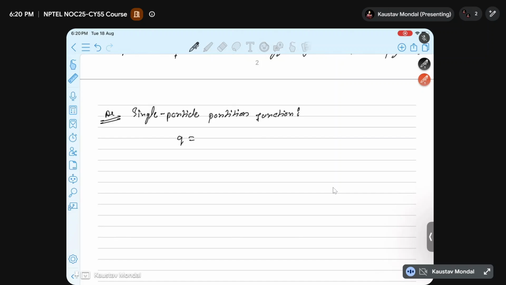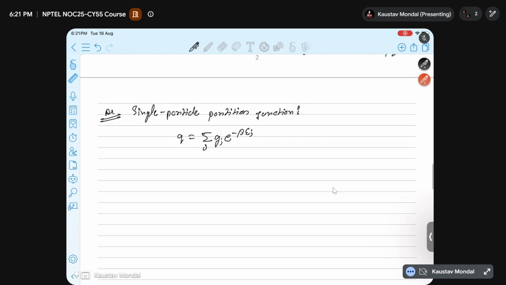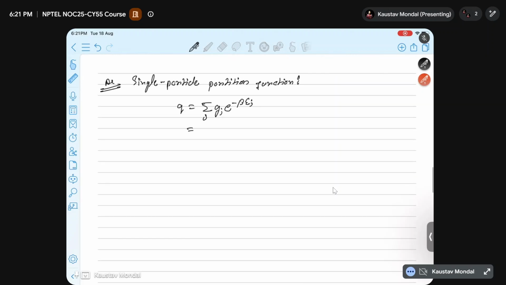The single particle partition function is q equal to the summation over j of g_j e to the power minus beta E_j. So G0 e^(-beta E0) plus G1 e^(-beta E1) plus G2 e^(-beta E2) plus G3 e^(-beta E3).